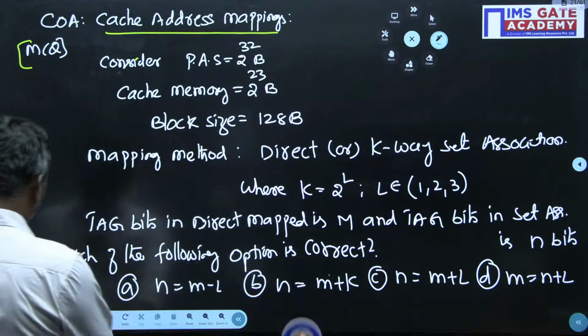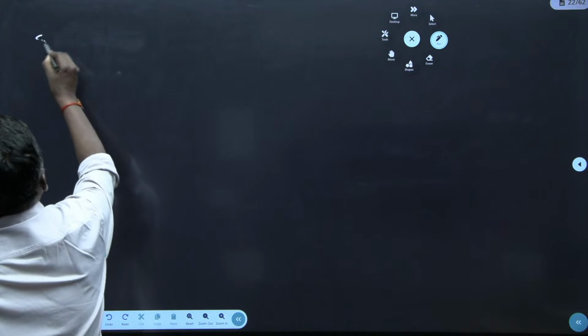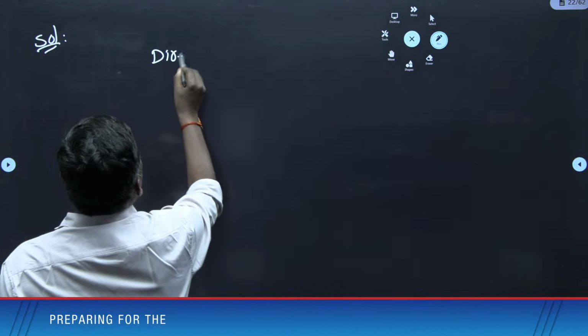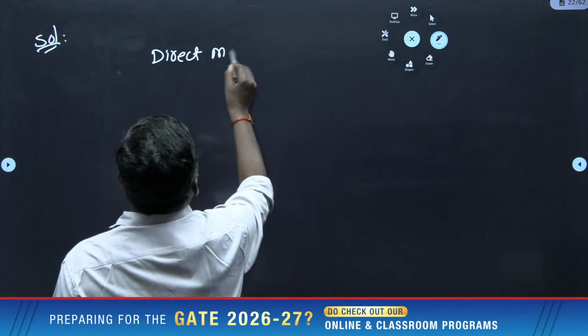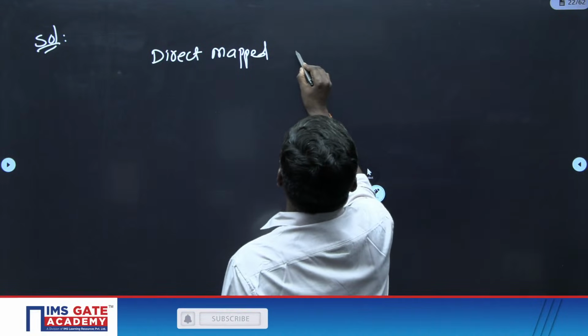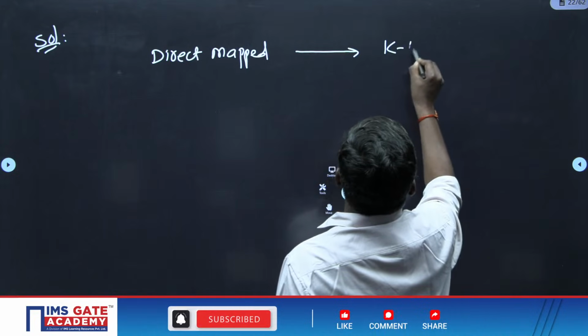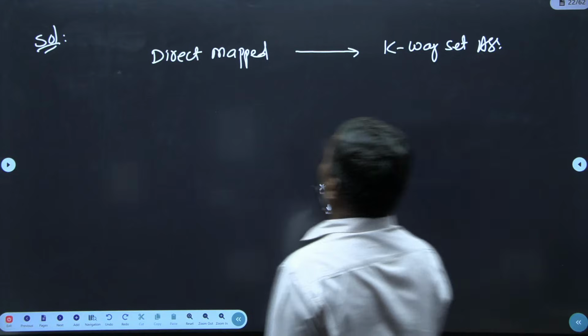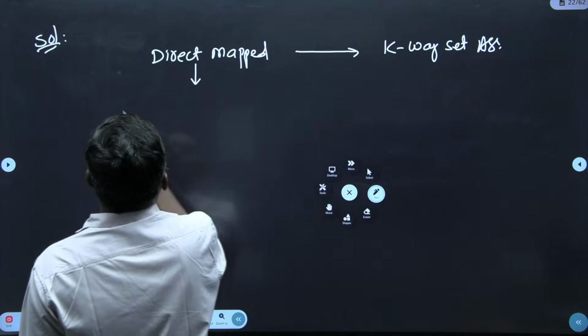One thing I'll tell you directly: with observation we can answer it. Suppose direct mapped, when you compare with a k-way set associative assumption. I am talking about tag bits.